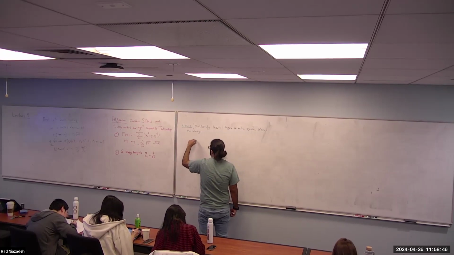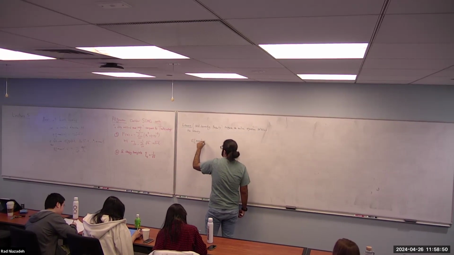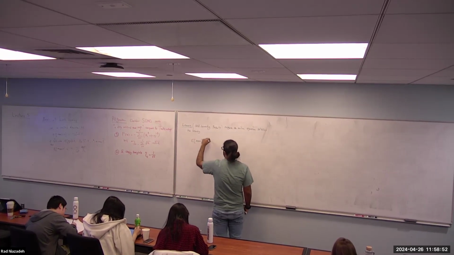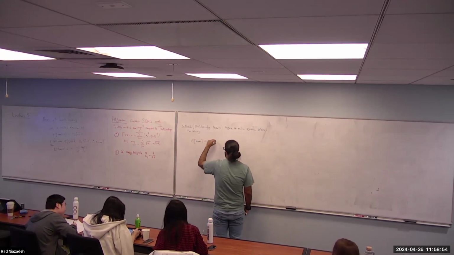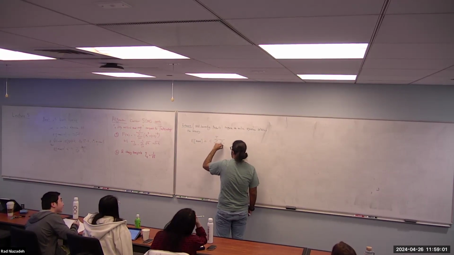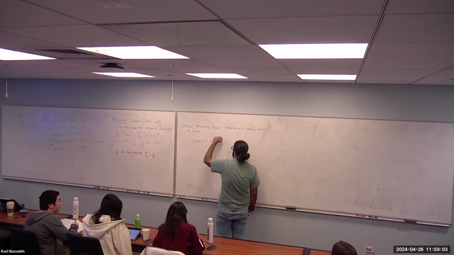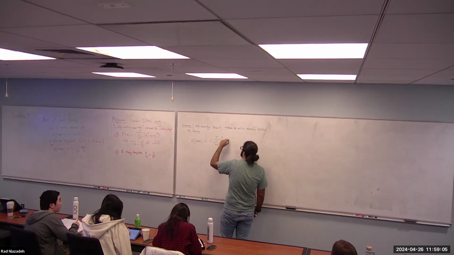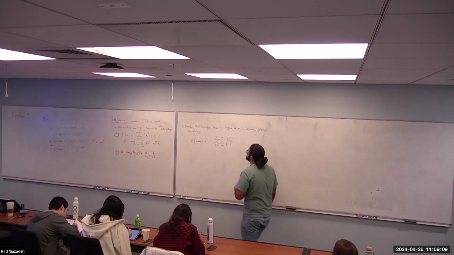Expected regret is upper bounded by some constant c times summation t from 1 to capital T, summation i from 1 to n, of square root of a_t,i divided by t.